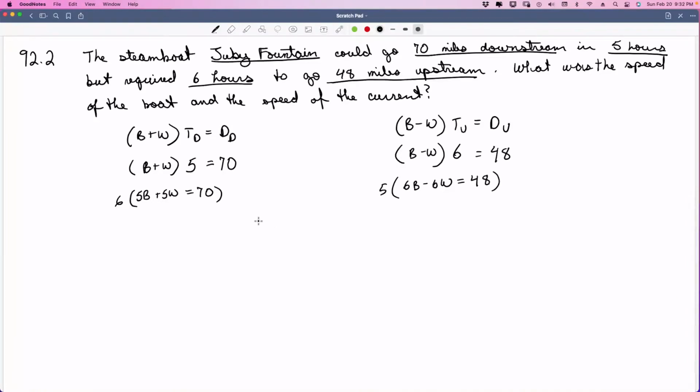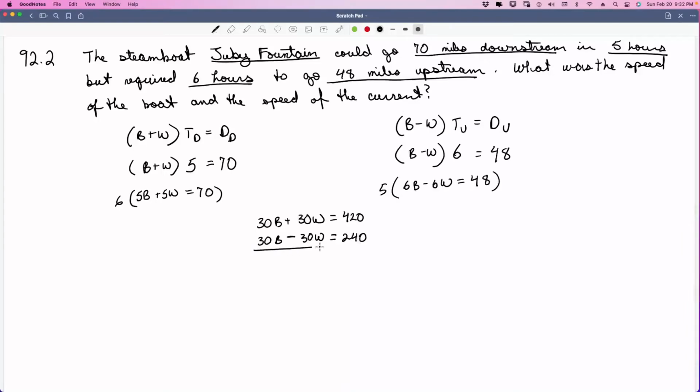So this is going to be 30b plus 30w equals 420. And then 5 times that, that's going to be 30b minus 30w is going to equal 240.